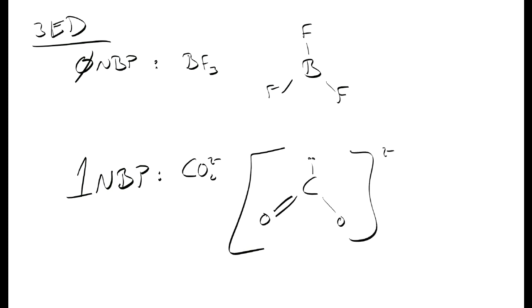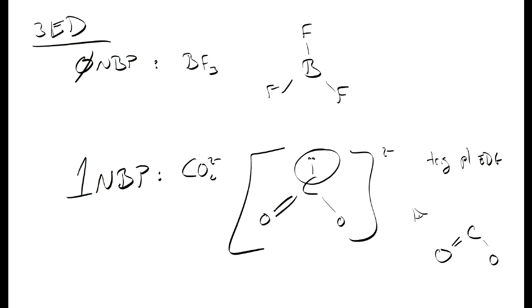So this has a trigonal planar electron domain geometry. But we can't see that non-bonding pair. It's invisible. So when we look at it, all we see is oxygen, carbon, oxygen.